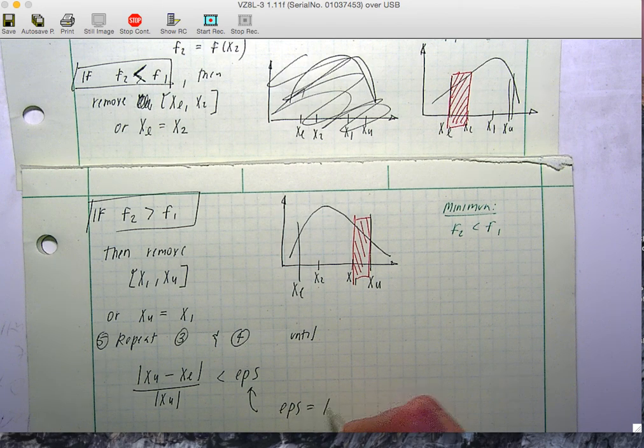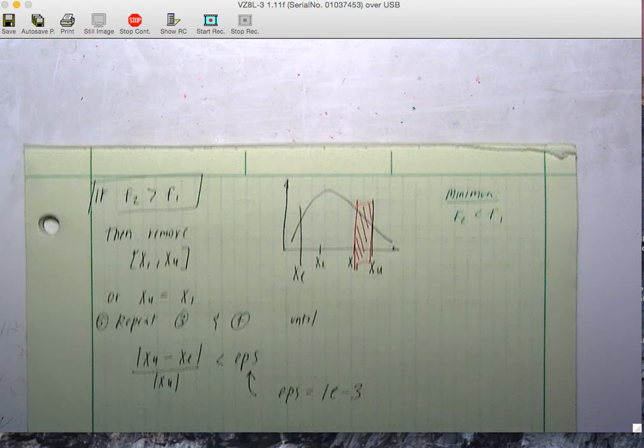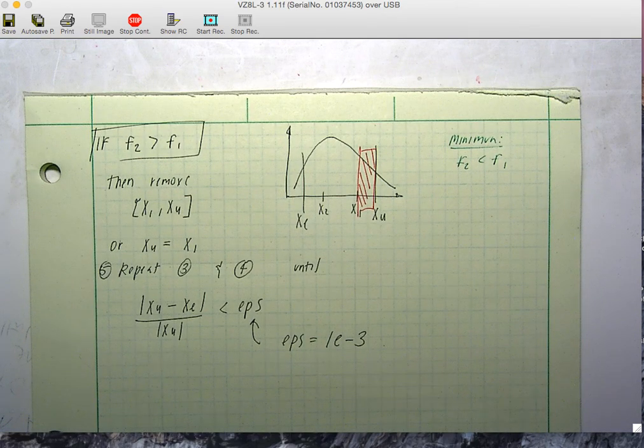And you can set this EPS value, this epsilon value, to some small number. You don't want to set it to 0, just like we've done with other error algorithms. And you just want to keep repeating that, finding that bracket, checking the function values until they're small enough.